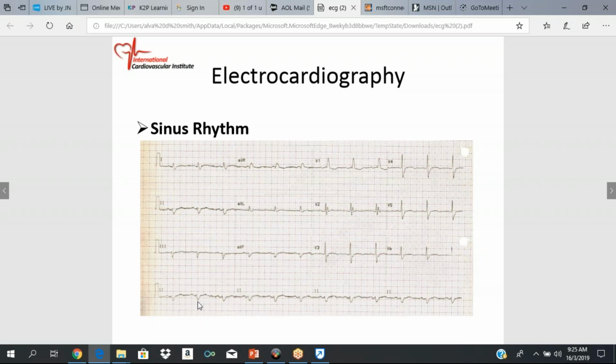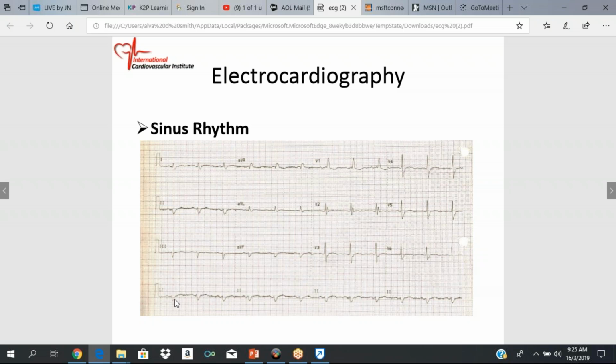And the heart rate formula is 300 divided by the number of big blocks. So the heart rate for this ECG is 300 divided by 4, which is equal to 75. So this heart rate is 75 beats per minute.